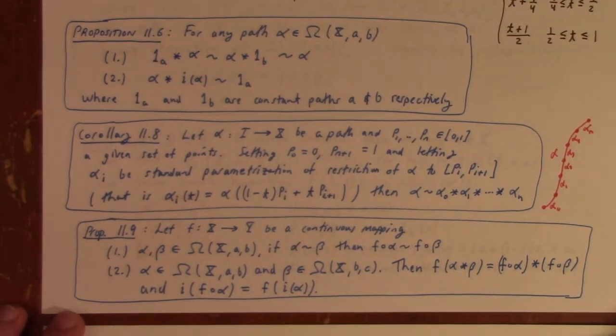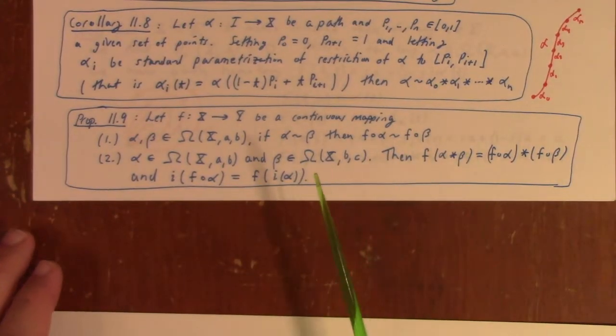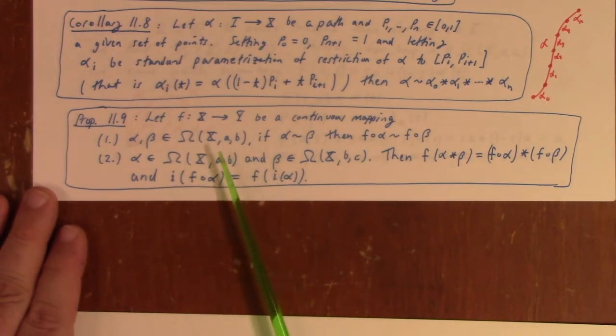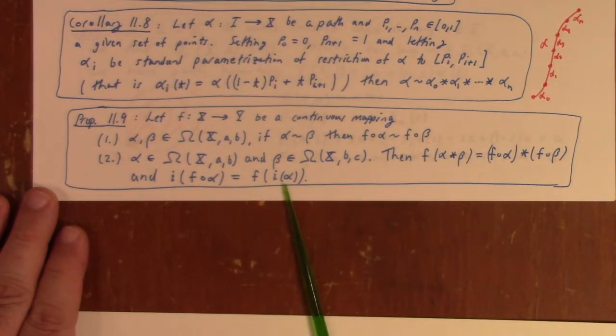And also continuous maps play nice with path homotopy, in the sense that if you have paths alpha and beta from A to B, and you have a continuous map F, then the image of alpha under F is homotopic to the image of beta under F. Also, the image of the join is the join of the images, and the image of the reversal of a path is the reversal of the image of the path.